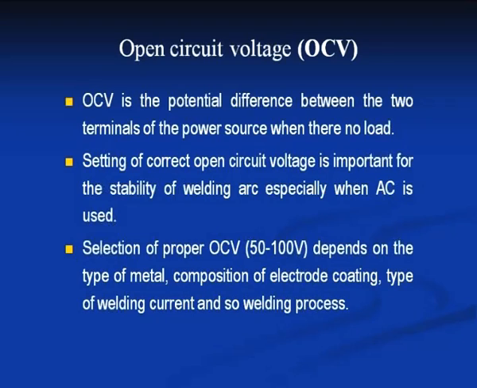The selection of the proper OCV in the range of 50 to 100 volts depends upon the type of metal being welded, the composition of the electrode coating, the type of welding current and the welding power source.